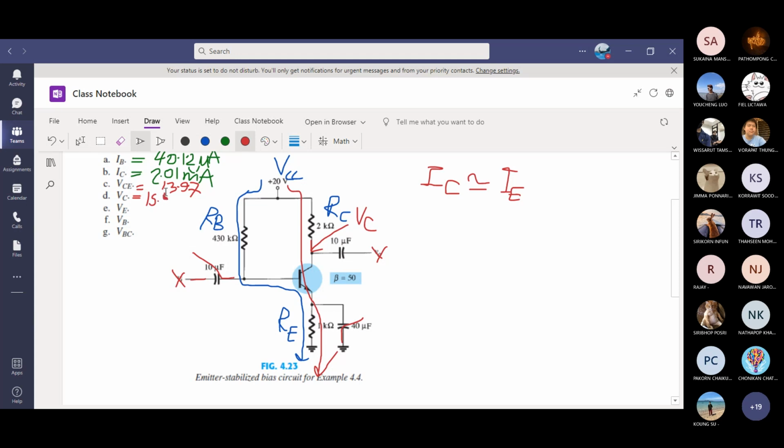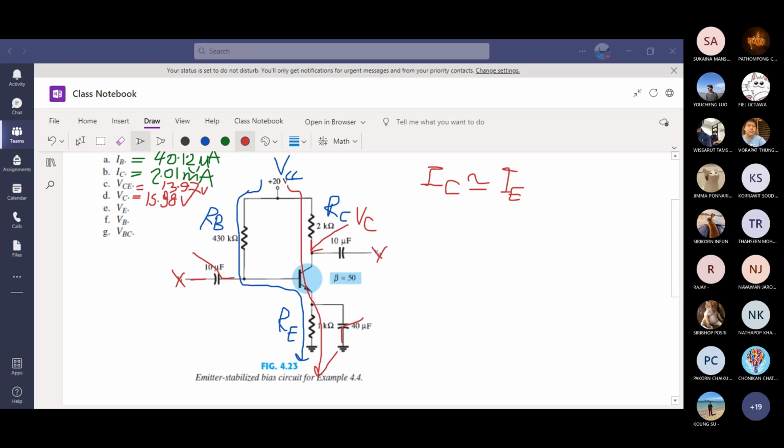Now what is VE? The next one is VE. How will you find VE? You can say VE equals VC minus VCE. Or you can say VE equals IERE.